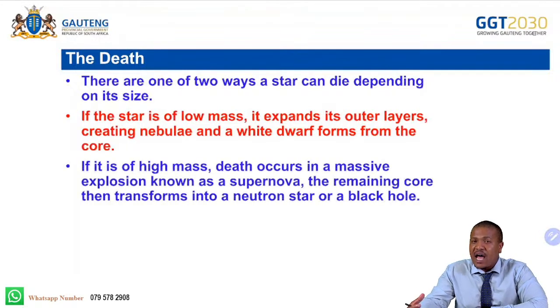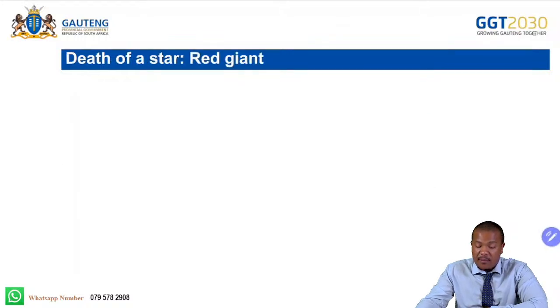But if the star is of high mass, death will occur in a massive explosion known as a supernova, and the remaining core then transforms into a neutron star or a black hole.